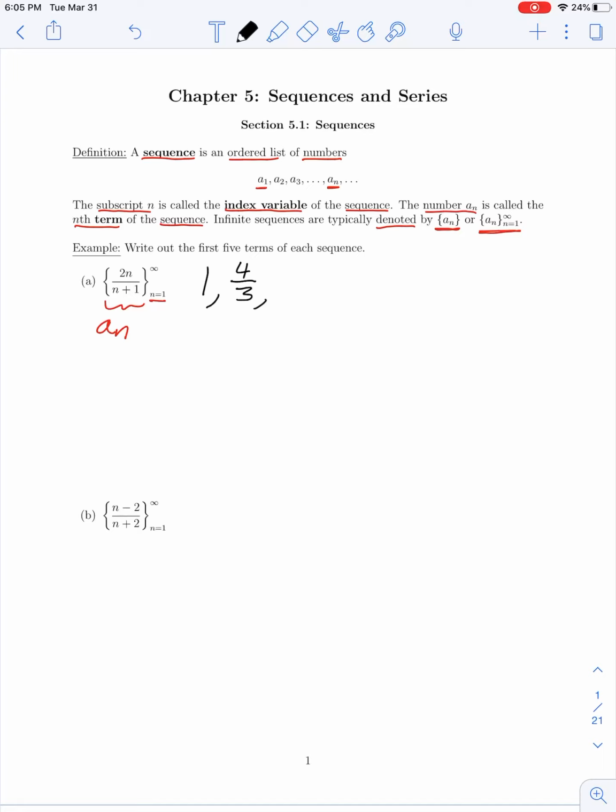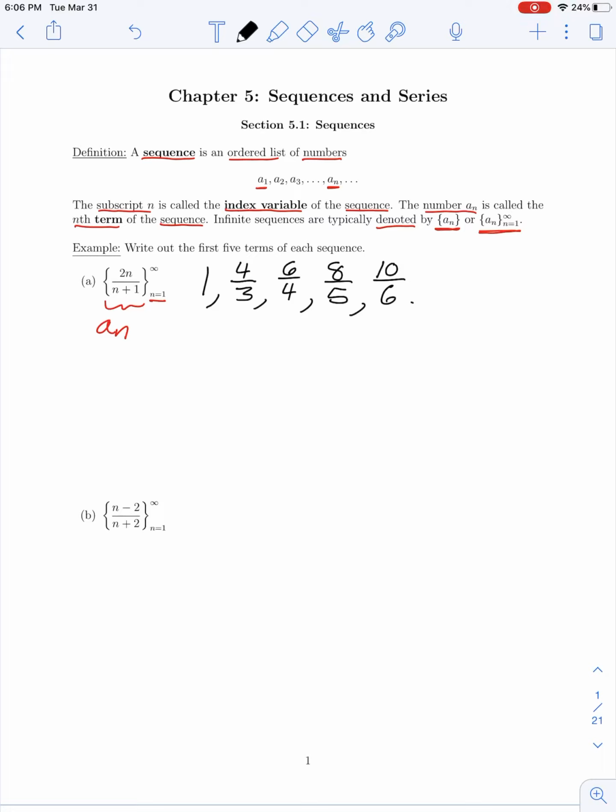If we plug in 2 for n, we would get the second term in our sequence, which would be 4 over 3. To get the third term in our sequence, we plug in 3, and we would have 6 over 4, or 3 halves. To get the fourth term, we would plug in 4 for n, which would give us 8 fifths.